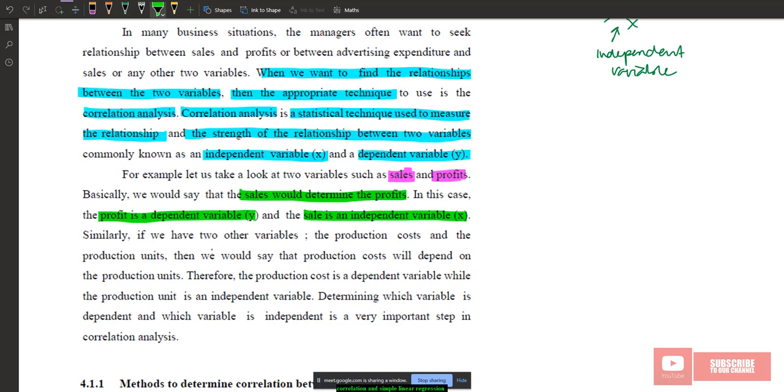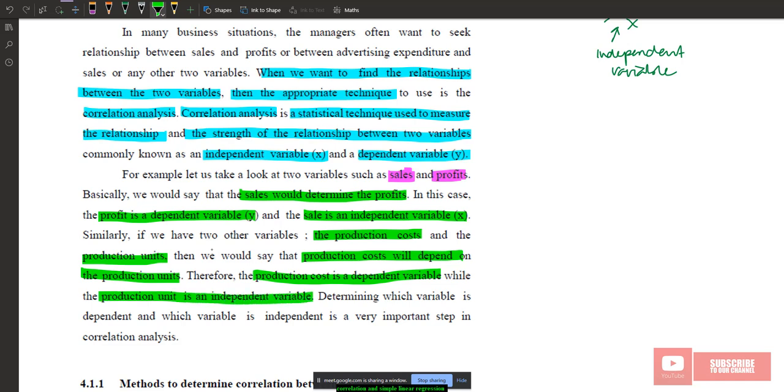You need to be clear to justify which variable should be independent and which variable should be dependent. Let's look at another example, the production cost and the production units. We would say that the production cost depends on the production units. So the production cost is the dependent variable and the production units is the independent variable.